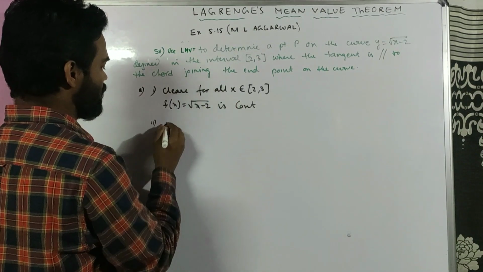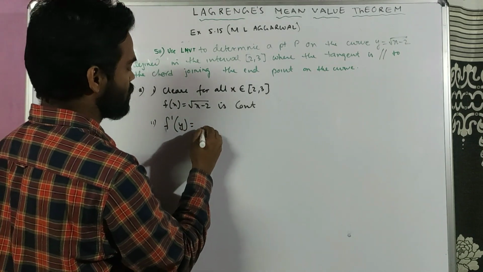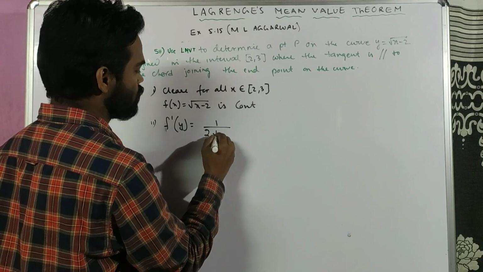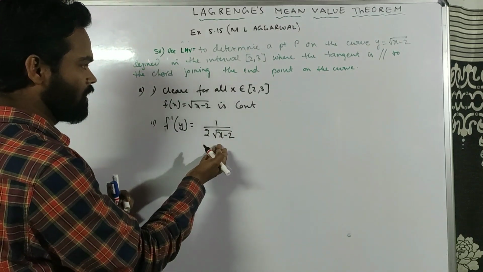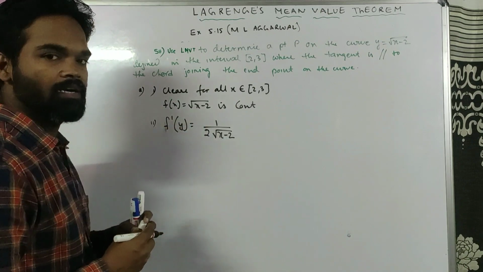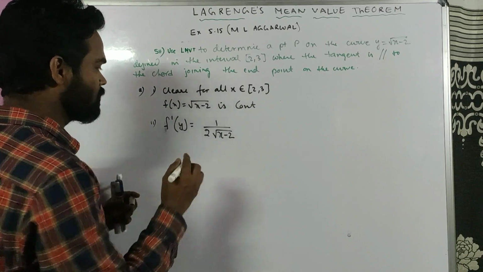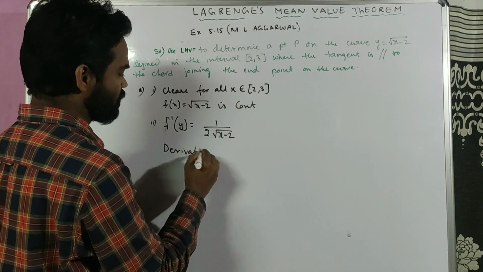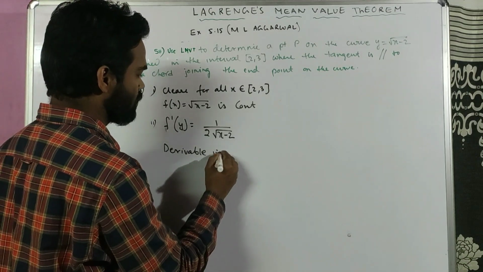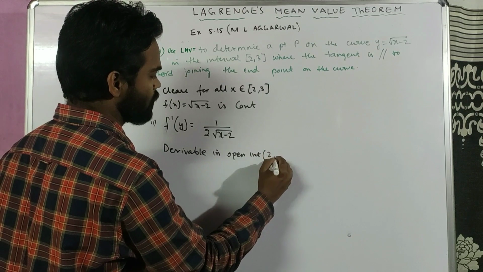So f dash x will be 1 by 2 root x minus 2 if you differentiate it. Now clearly if you see, this is differentiable at any point in open interval (2, 3). So derivable in open interval (2, 3).